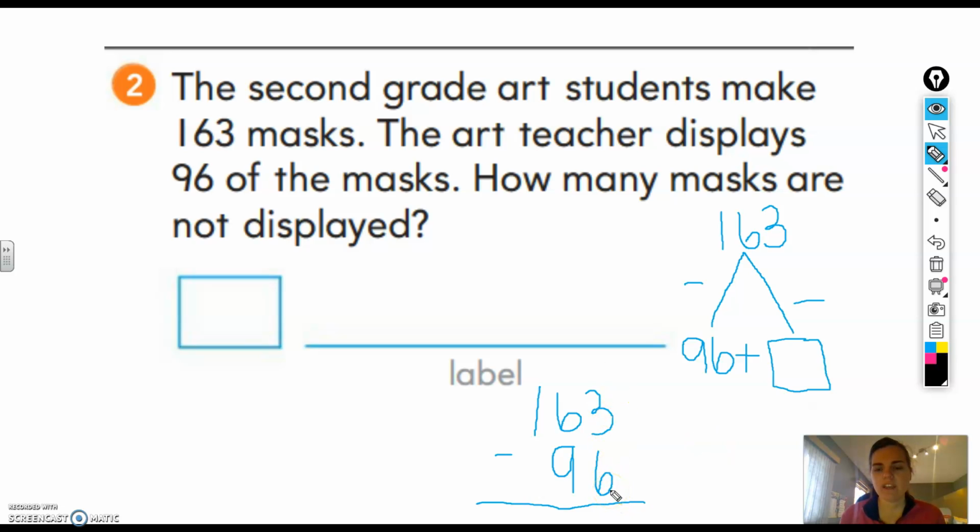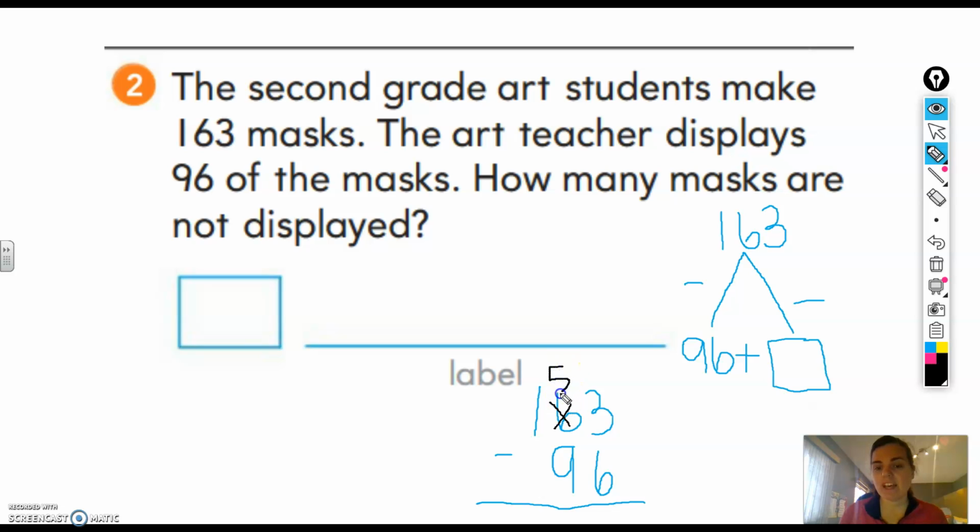I have to think: if the number on the bottom is bigger than the number on the top, then I go next door and I knock, knock, knock. Or if I have 3, can I take away 6 from that? Nope. So I have to go next door, knock, knock, knock. Is anybody home? Yep, I have 6 tens home, so I'm going to ungroup a 10.